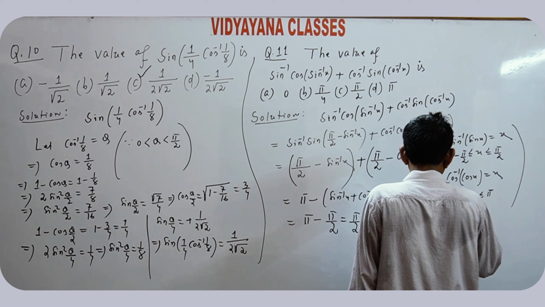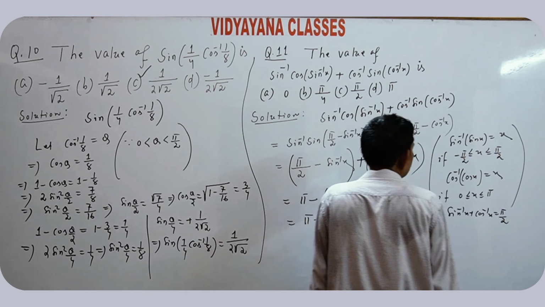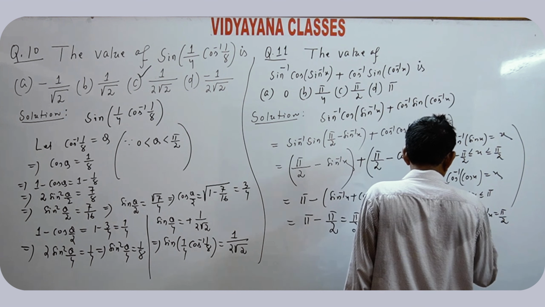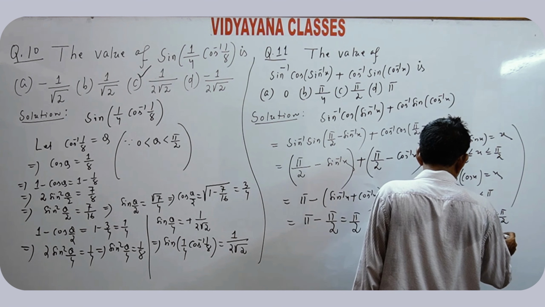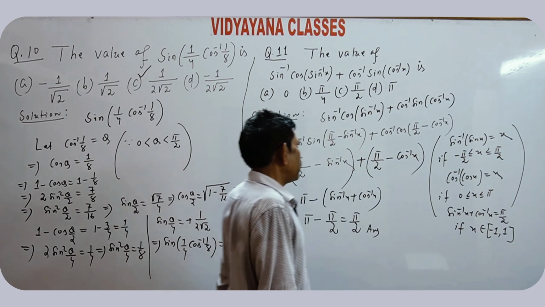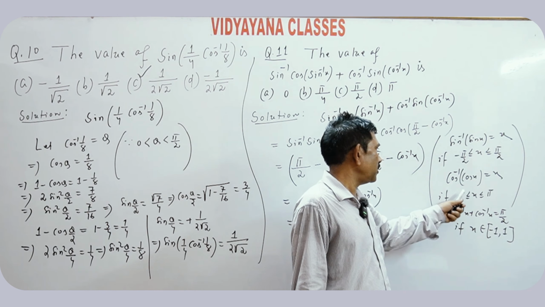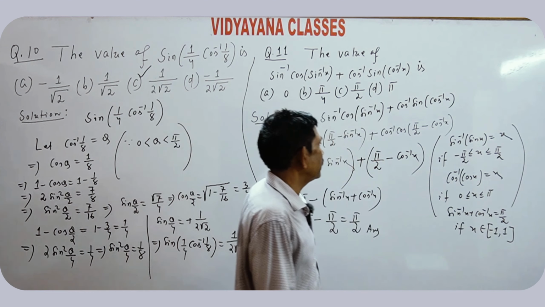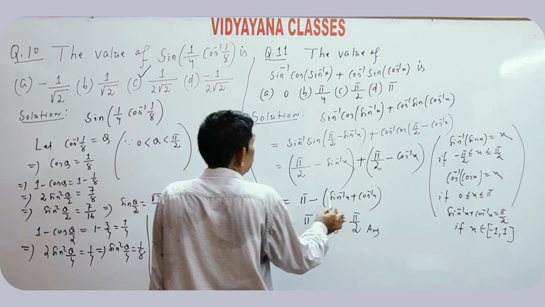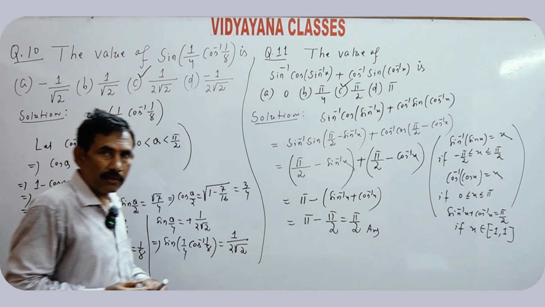Sin inverse x plus cos inverse x is equal to pi by 2 if x belongs to the closed interval minus 1 to 1. These are the necessary conditions. Sin is invertible in this interval, cos is invertible in this interval. Clear? So the result is pi by 2. So the correct option is C, that is pi by 2. Clear? Okay, note down.